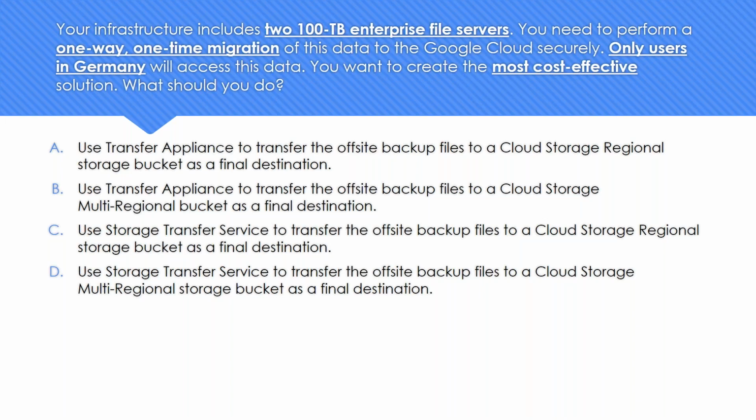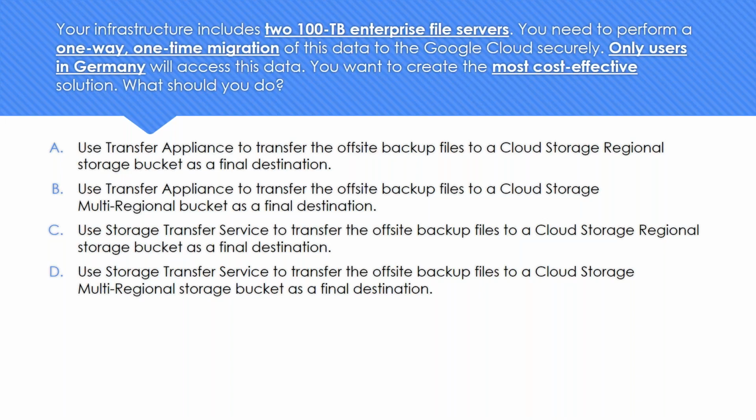As of today, there's no product like just transfer service. There are two different services called transfer service for cloud and transfer service for on-prem. So I can use that as my defending point, saying that options C and D do not even exist.